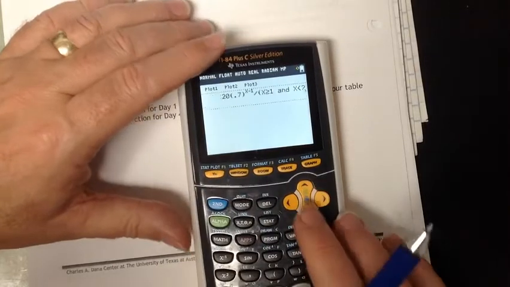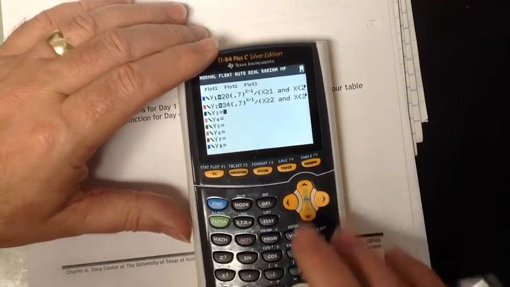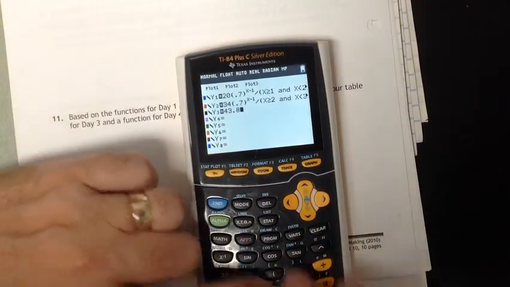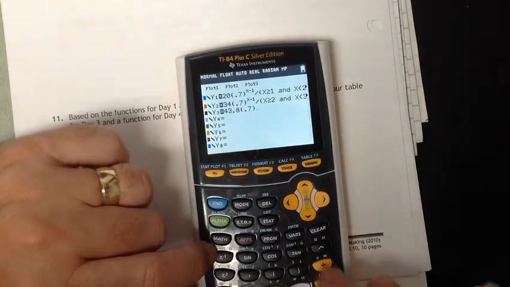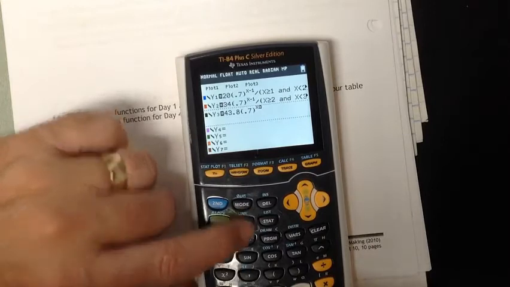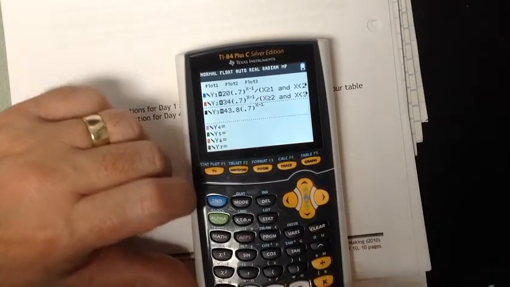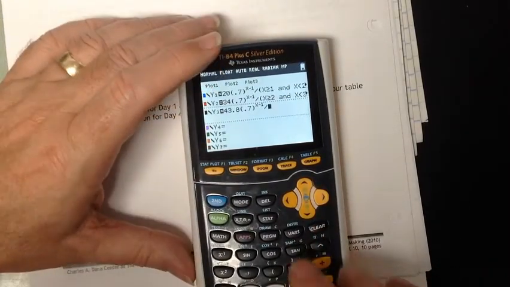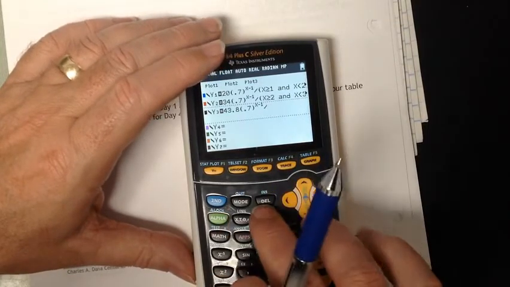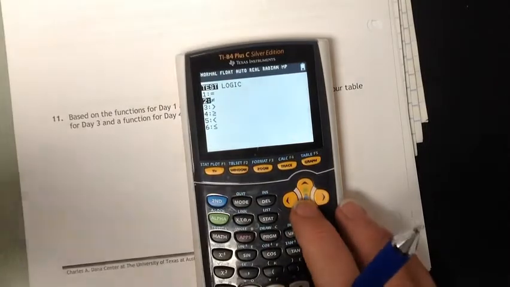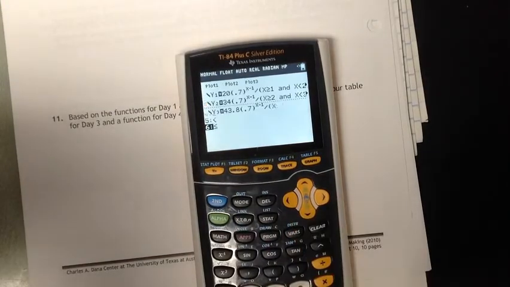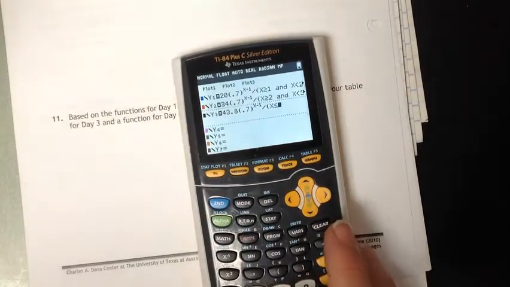So for day 3, we're going to put in 43.8. This will be 0.7 to the x minus 1. And then this is going to be between 3 and 4. Parentheses, x is less than or equal to... I don't remember what I said now.